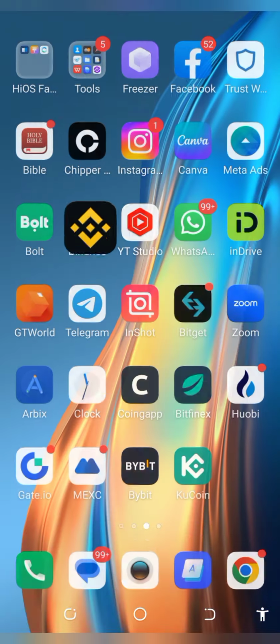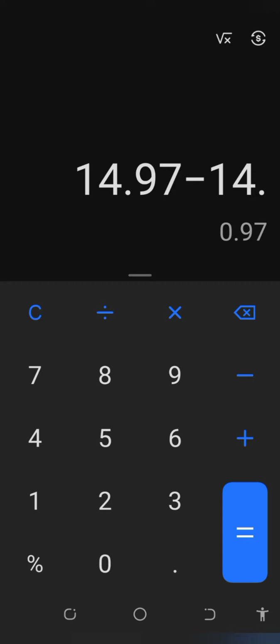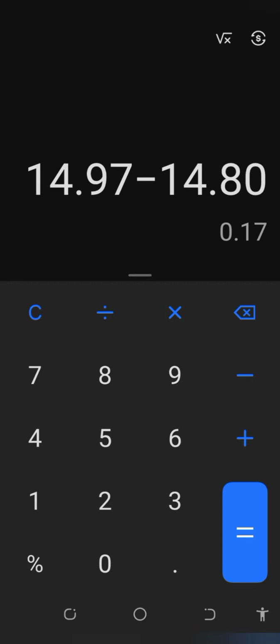I think I'm wasting time, right? But let's just calculate this. This is 14.97 minus 14.804 actually. 17 cents, that's more than 1%.